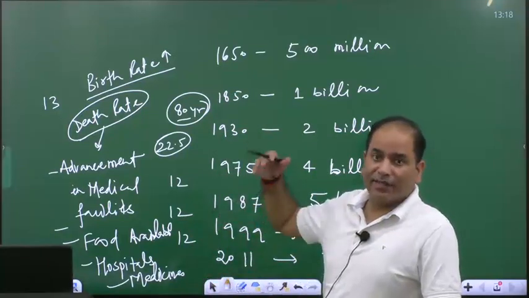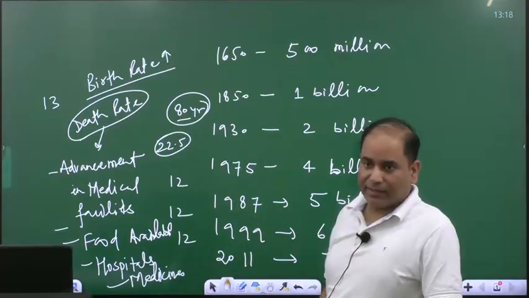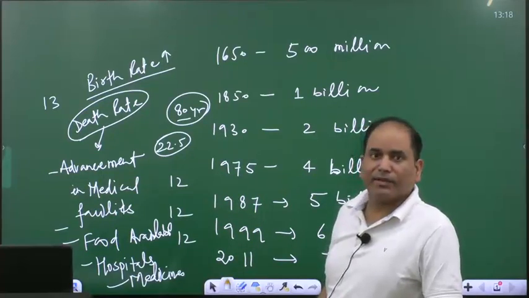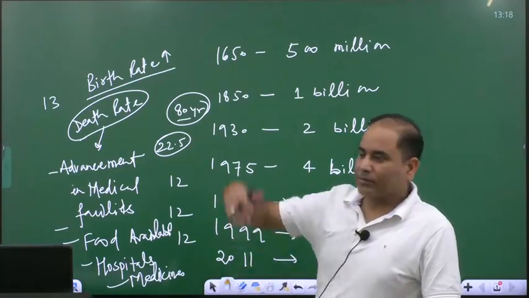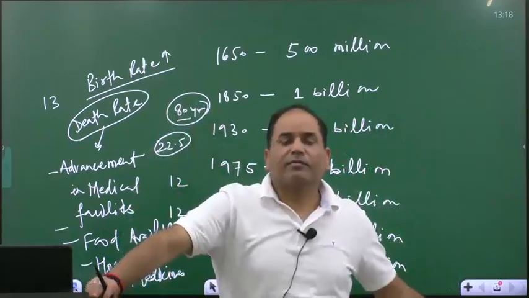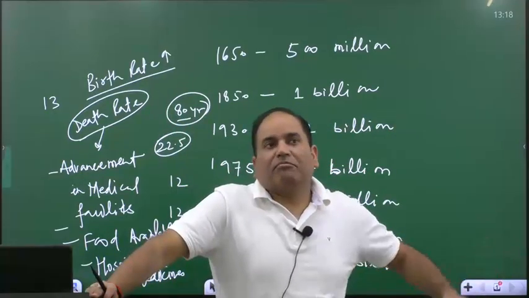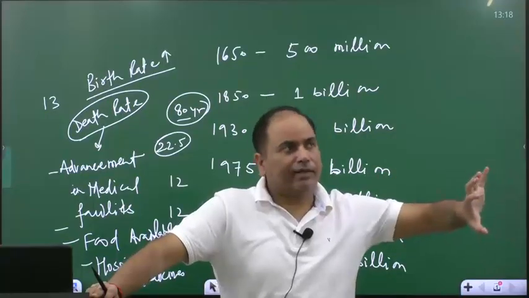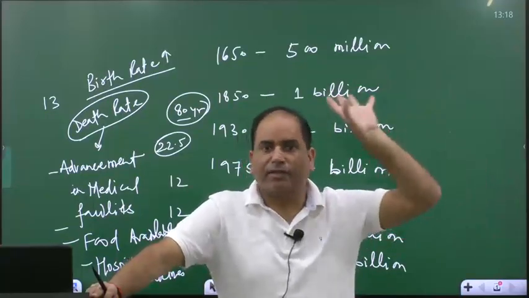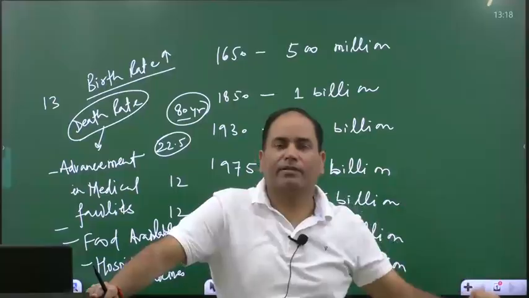Birth rates were still very high, because let's say we have faced something, so it is not very easy for us to come out of it. Suppose in my neighborhood or anyone's relative, they had 5 children and all 5 children died before the age of 5 years.